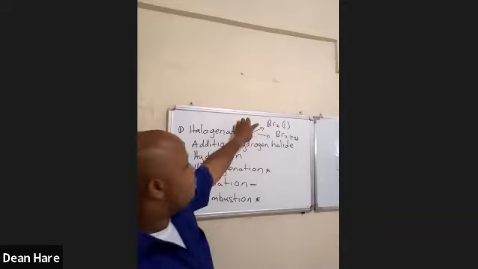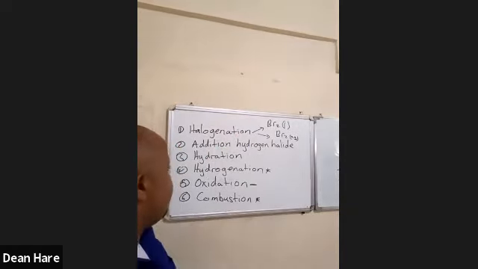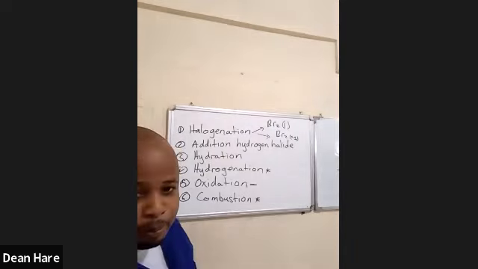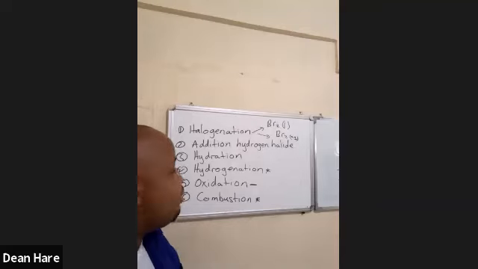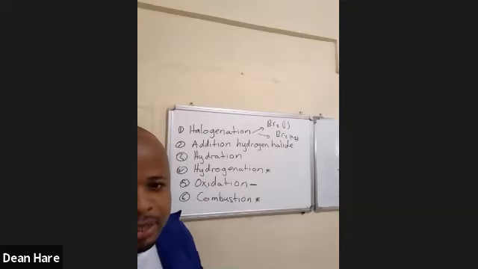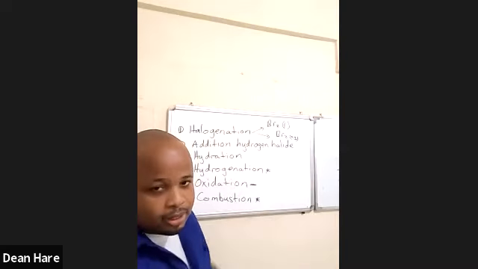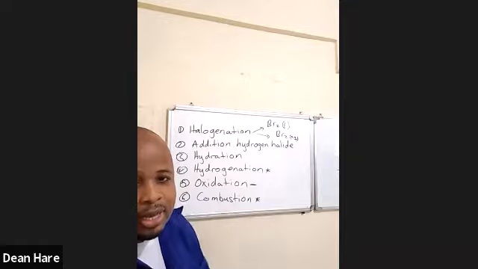Yes. If you use liquid bromine, the product formed will be what? The general name for the product formed. A dihalide. Because we're adding two halides, we just call it a dihalide.